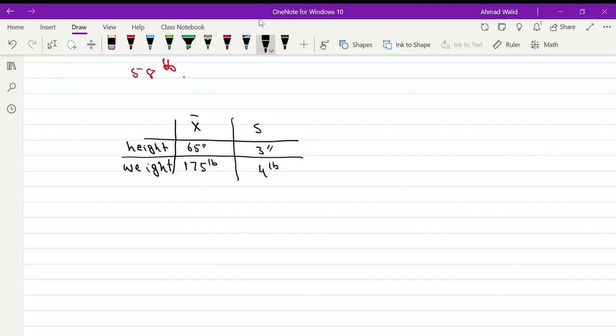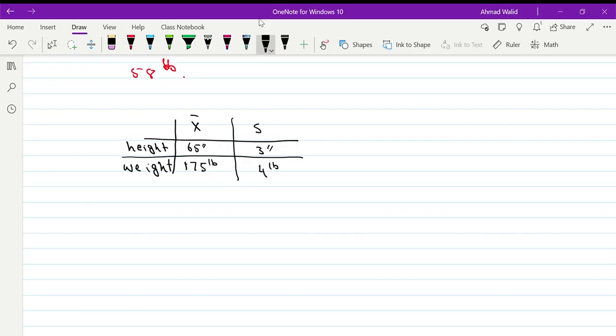If I ask you a question, in which example is the variation larger, in the height or in the weight, looking at this table, your answer should be, we cannot talk about it.